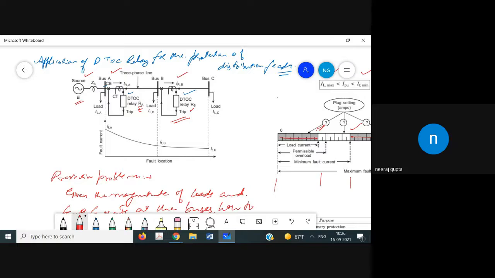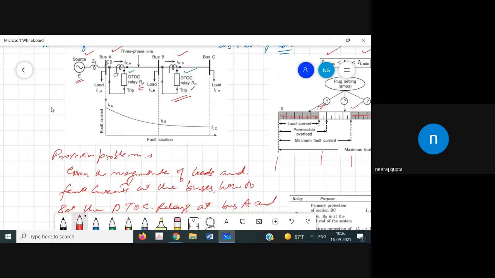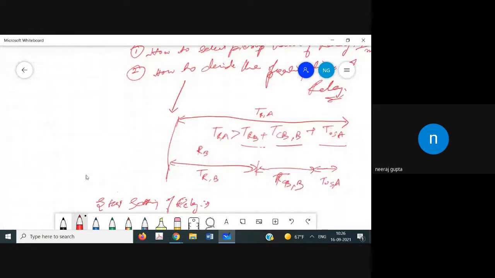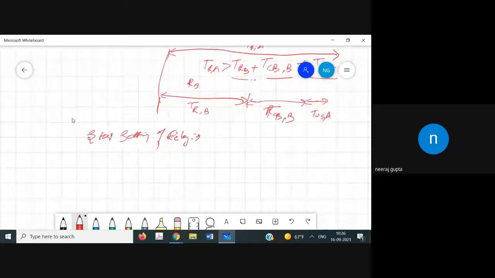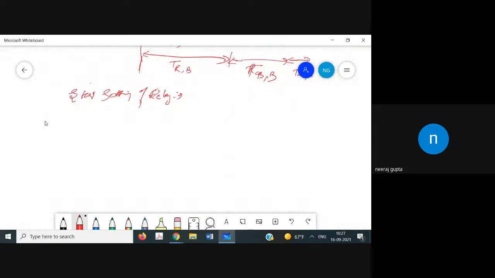So we start the setting at the tail end of the system.